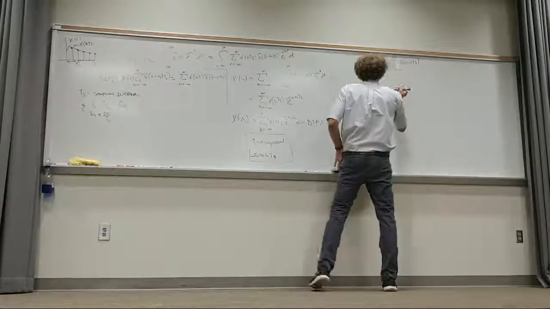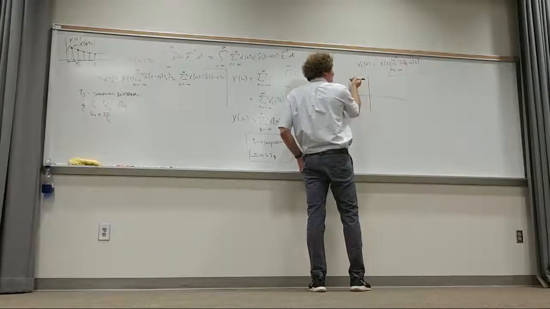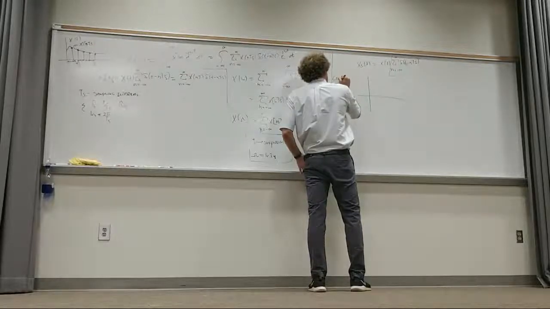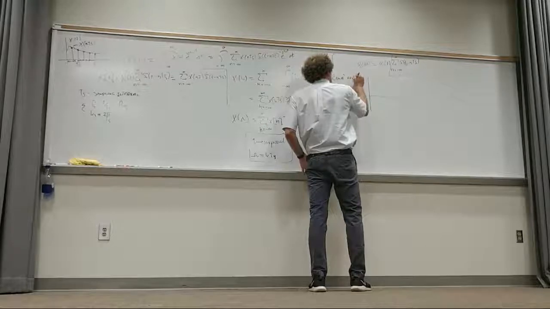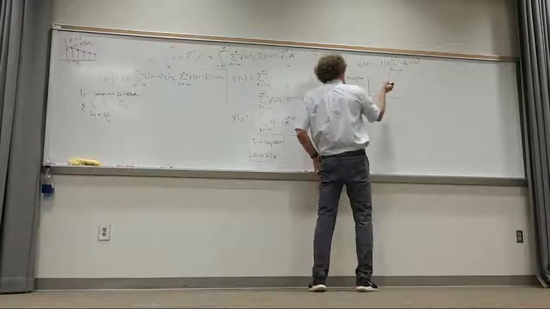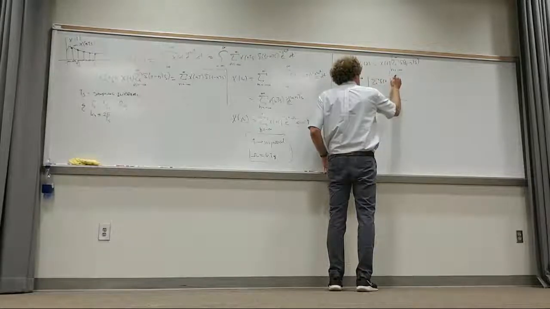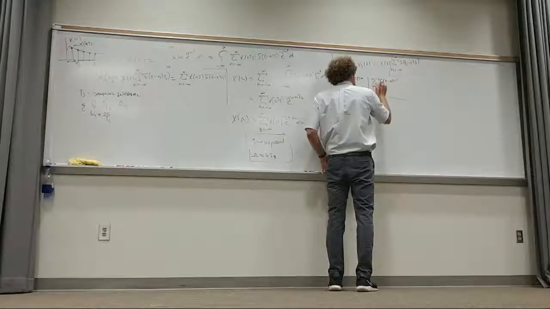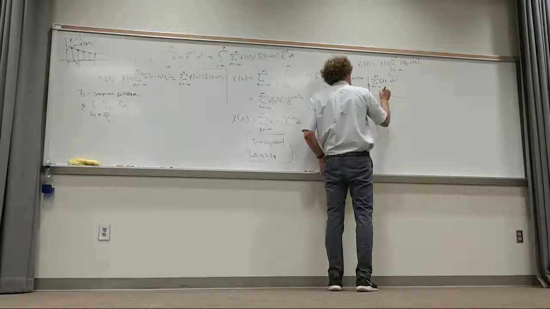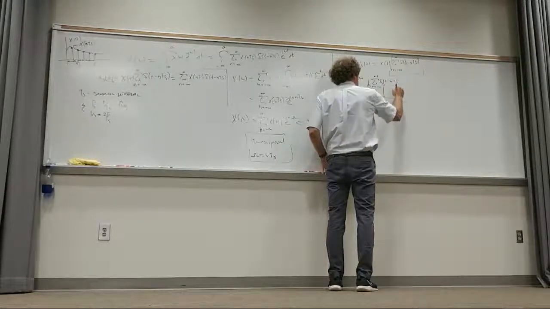By the way, this function is called a comb function. And what it is simply is the summation of delta of t minus nTs, n equals minus infinity to infinity. And what you get basically is this. You get a bunch of impulses, right?